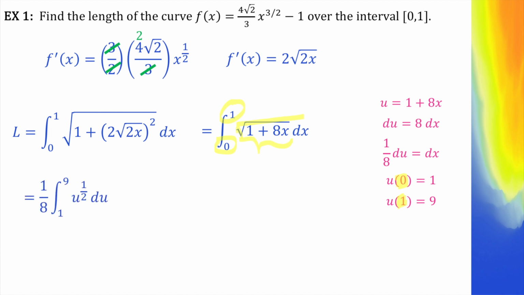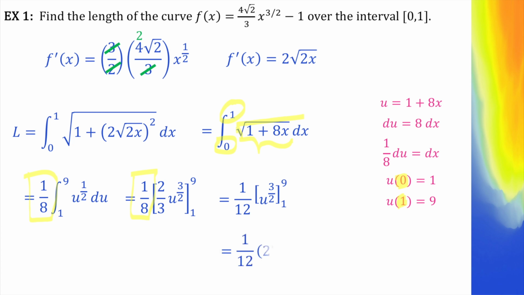And now we just integrate and evaluate. And then we've got our 1/8 here that we'll take back into account. Clean that up a little bit, and we can evaluate from 1 to 9. So we've got a length of 13 over 6.